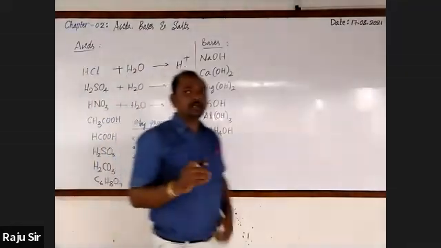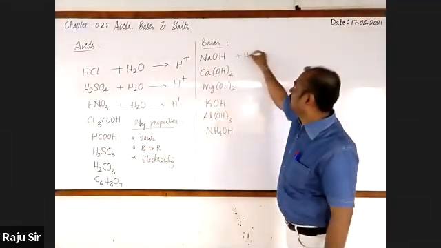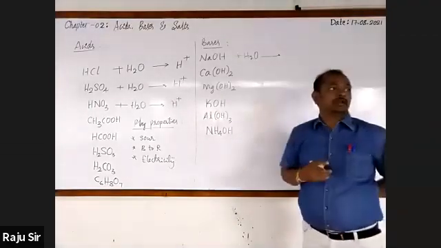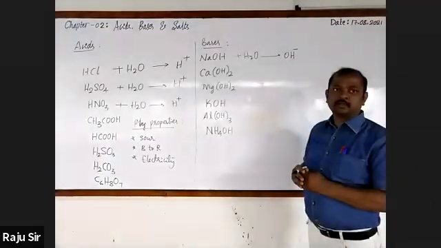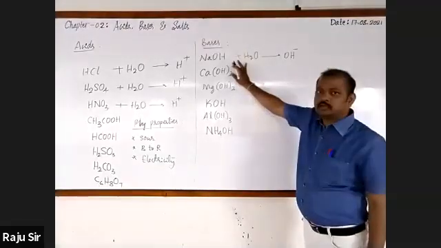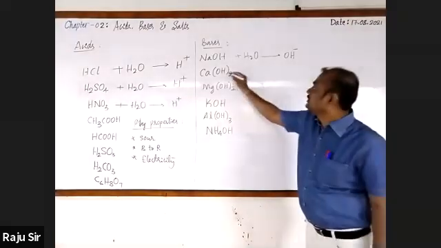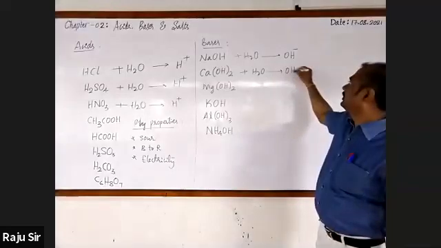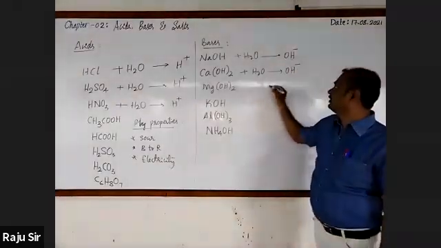Another important property is that when these are dissolved in water, all of them produce OH minus, which is called the hydroxide ion. Similarly, when calcium hydroxide is dissolved in water, it produces the hydroxide ion.